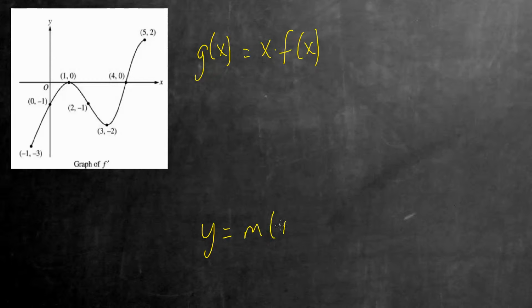And part C gives us g be the function defined by g of x equals x times f of x. Find an equation for the line tangent to the graph of g at x equals 2. Okay, when we say the word tangent line, we have got to write down y equals m times (x minus x1) plus y1.